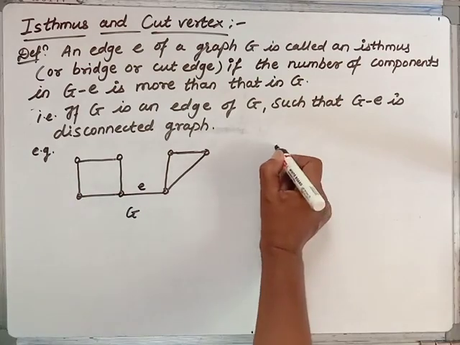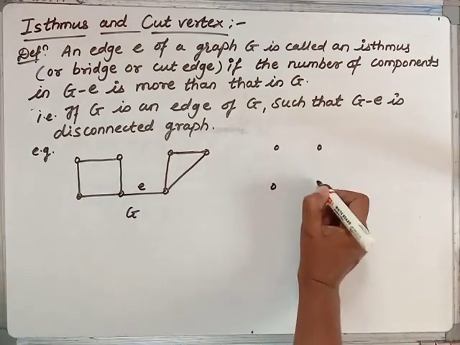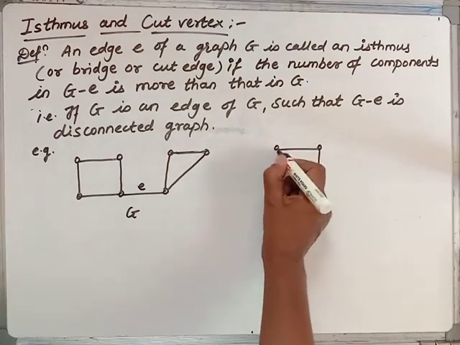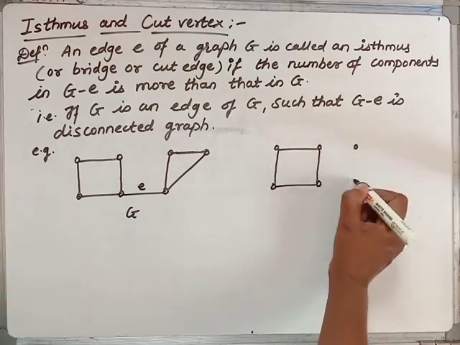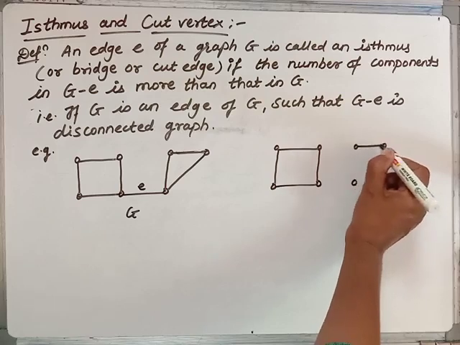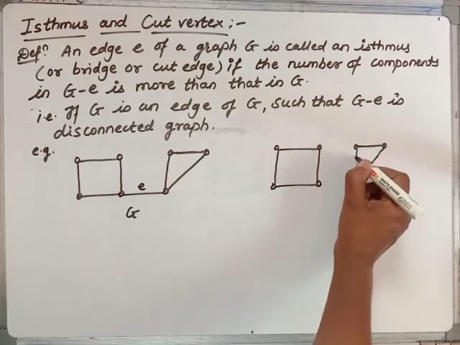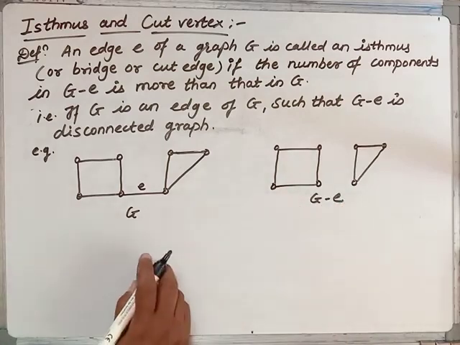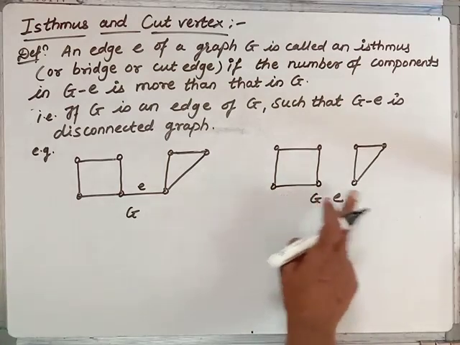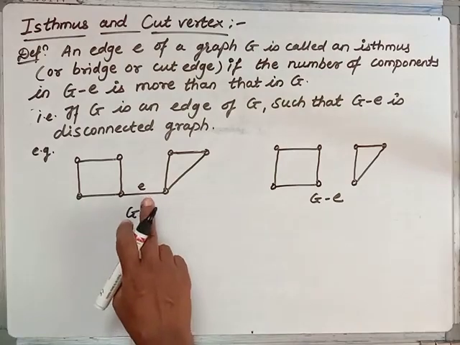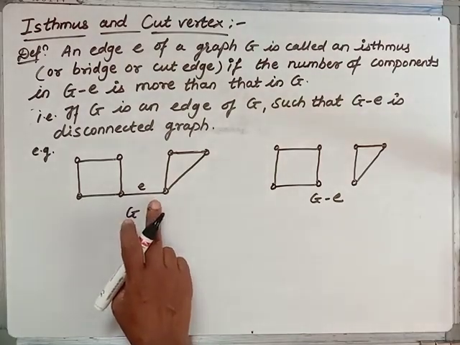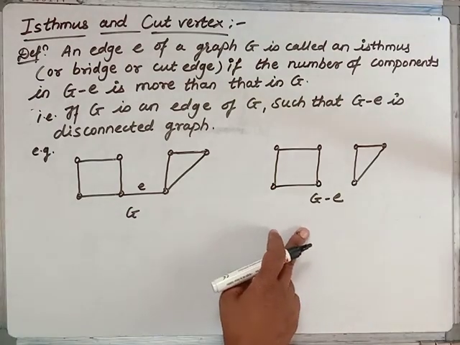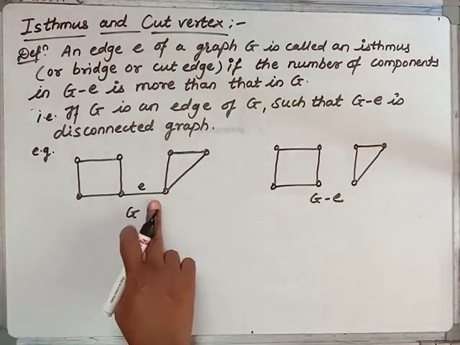Okay, and here let me draw, suppose this is G minus E. So here G minus E is disconnected because of whom? This E. So here after deletion of an edge E, G becomes disconnected, hence E is an isthmus.